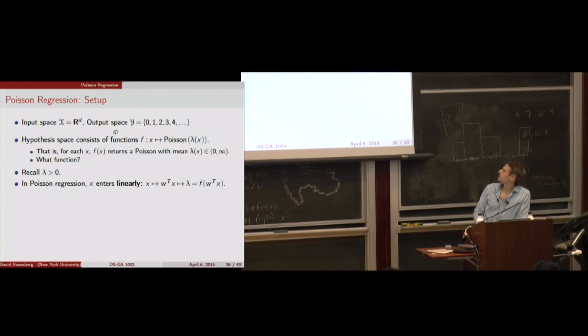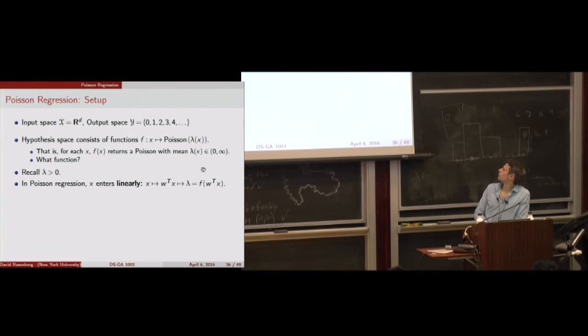Once again, input is x. We transform it into a linear function of x, w transpose x. And we want to output now the Poisson parameter, which is lambda. Where does lambda live? What's the domain of lambda for a Poisson? Yeah, lambda is greater than 0.